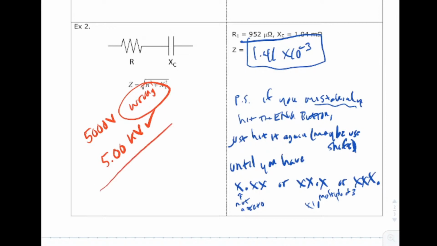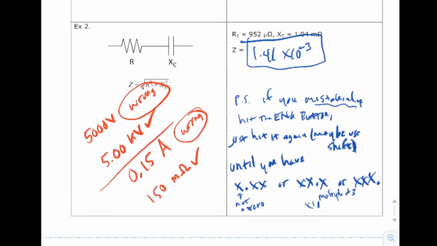Also, 0.15 amps, let's use amps just to be different, is wrong, or at least it's half wrong, because it's not expressed correctly. What you would do is hit your ENG button, and it would tell you 150 times 10 to the minus 3, and then the 10 to the minus 3 is a milli. Let's do it that way.